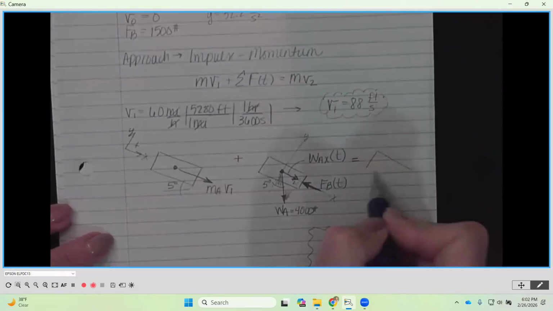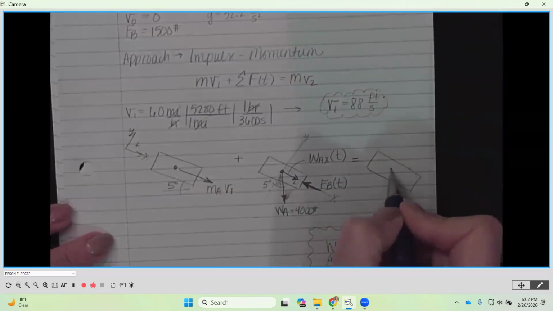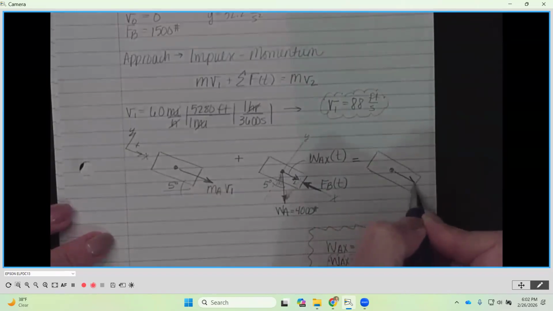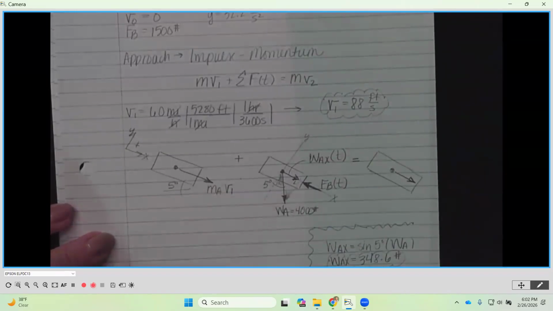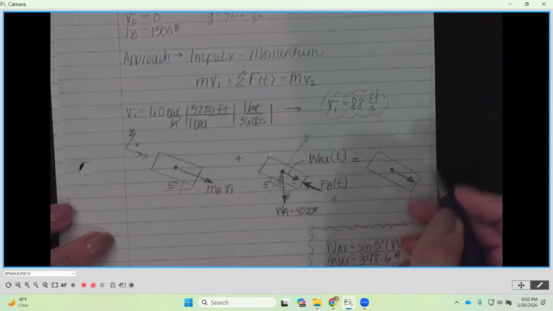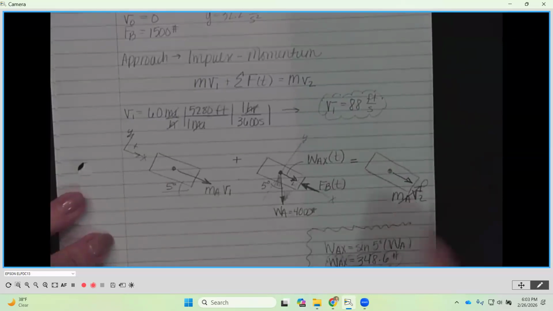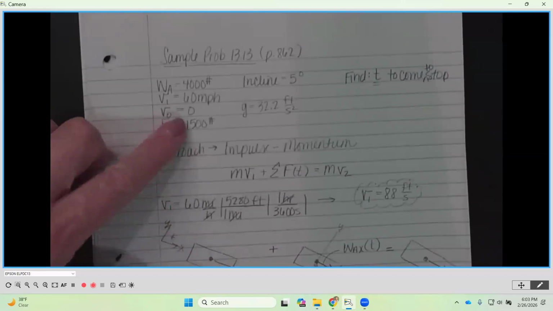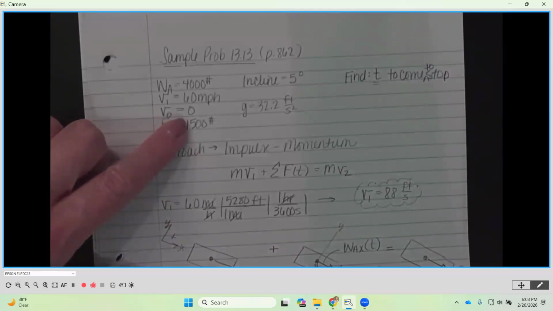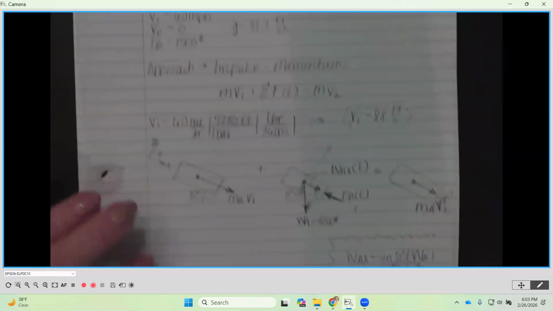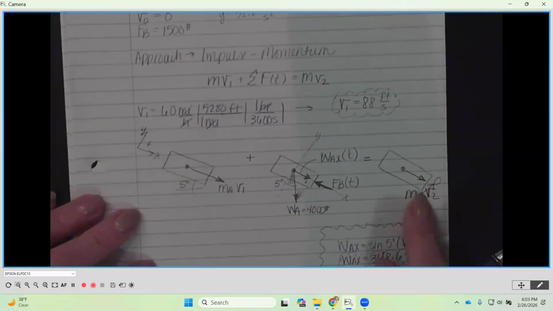So if we go down here with our arrow, that's going to represent MA times V2. And this is going to equal 0 because, if you recall, our final velocity is equal to 0.